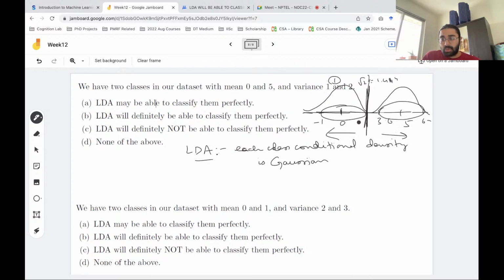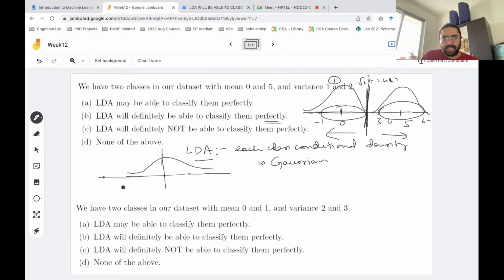So here also we cannot make a complete claim that it will definitely be able to classify them perfectly, right? Because what does perfect classification mean? It means that it should have 100% accuracy. Now the point is that for this second class, which has mean 5 and variance 2, I can also have points which are in this range. Since the density of a Gaussian is non-zero everywhere, I can always have a point which is very far also.